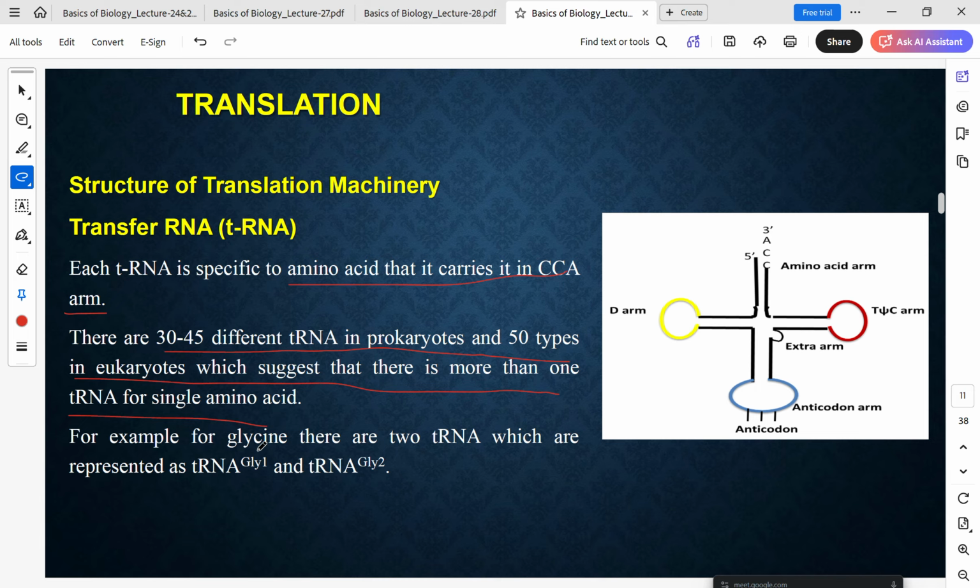For example, for glycine, there are 2 tRNAs, gly1 and gly2. So the anticodon is going to recognize the codon. It will have the appropriate amino acid here, and then by repeating this process, you make the whole protein.